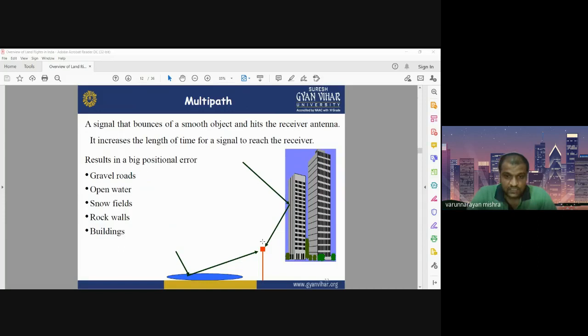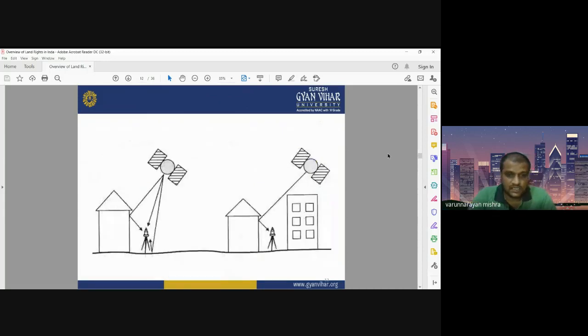It first interacts with the tall building near your GPS receiver, then it is redirected and bounces back from that building, and it reaches the GPS receiver. So it should be avoided by surveying using the GPS receiver in open space. It is a very common error, and it may be avoided very easily. You can see here, this is another figure showing the multipath error.